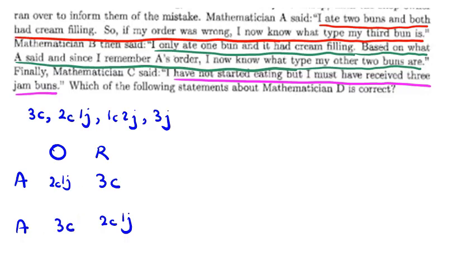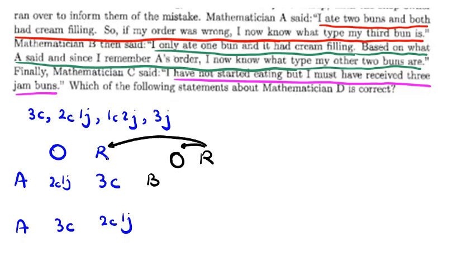Now, let's consider B in both cases, order and what received. Mathematician B said, "I only ate 1 bun and it had cream filling based on what A said, and since I remember A's order, I now know what type my other 2 buns are." Okay, B knows the thing he receives is different from this, also different from this.